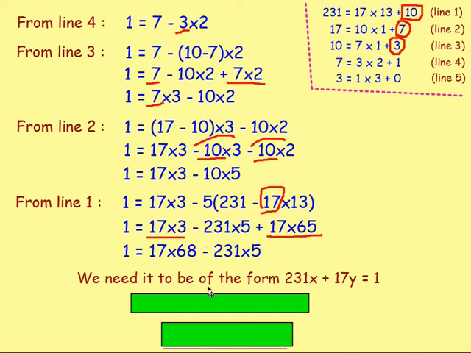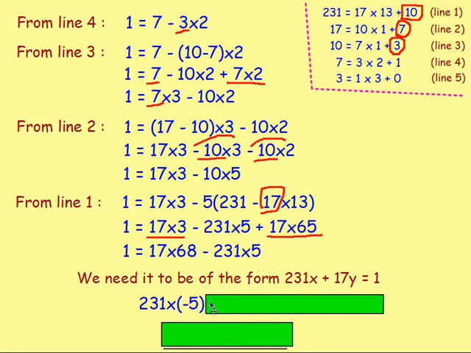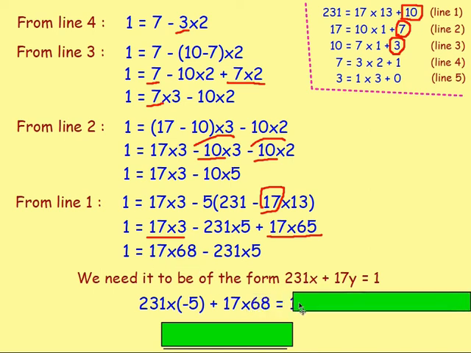We know we need this to be of the form 231x plus 17y. So what we will say is we've got 231 times by, well, what are we multiplying the 231 by? We're multiplying it by 5, but we've also got the negatives, so that'll be negative 5 that we're multiplying it by. We are adding on 17 times, what are we multiplying 17 by? Well, we're multiplying that by 68.